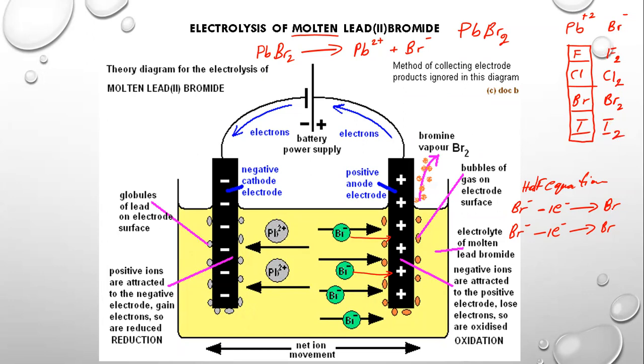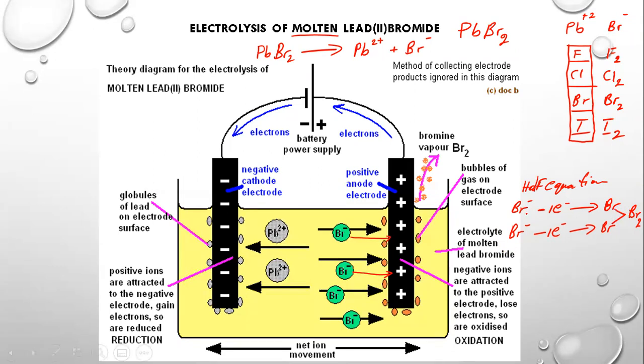These bromine atoms are not stable as atoms, so they will react with each other to form a bromine molecule, and this is where they are at their most stable. Now, this example here that I've written is just an explanatory example, to explain to you how the bromine molecule is actually formed.